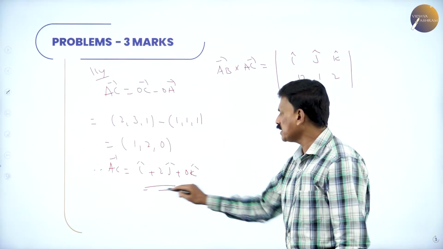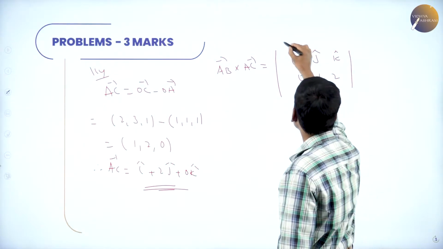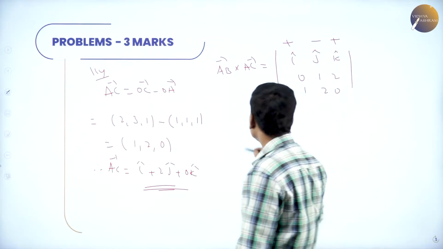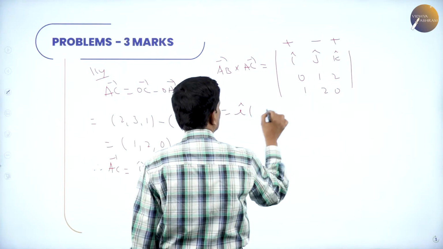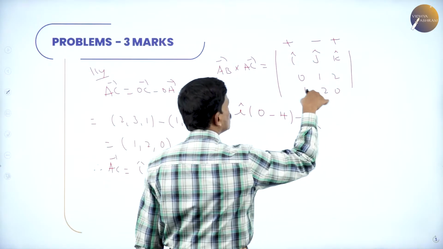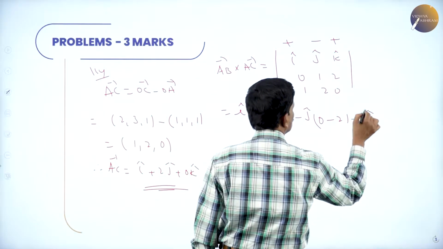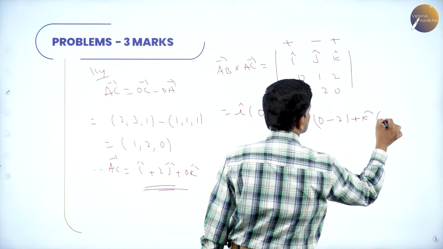And for AC vector, the coefficients are 1, 2 and 0. Expand with respect to the first row. This is I into 1 into 0, 0, minus 2 twos are 4, minus J into, this is gone, 0 minus 2, plus K into, this is gone, 0 minus 1.